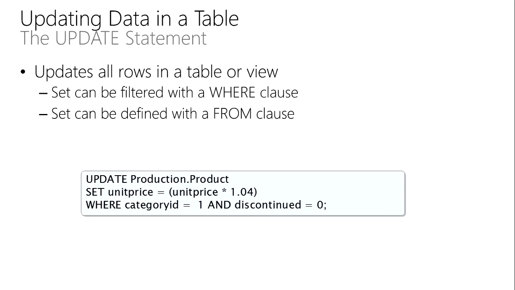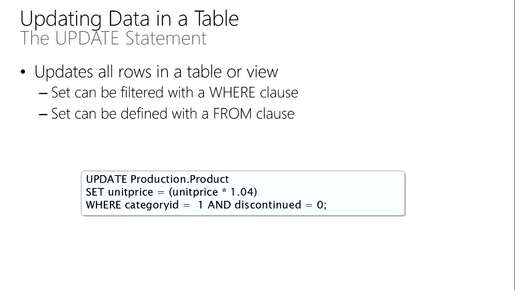And the other thing that we can do is use the set clause in the update statement, where I set different columns to specific values. In the example here, you can see that I'm updating the unit price. I'm referencing itself, setting the unit price to itself, multiplied by or added to something. So it depends on what it is at the moment and what it will be. Exactly, yeah.